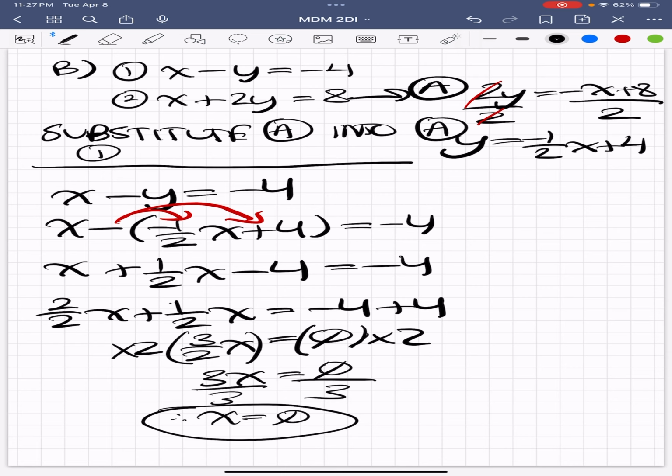And now we're going to substitute x equals 0 into equations 1 or 2.